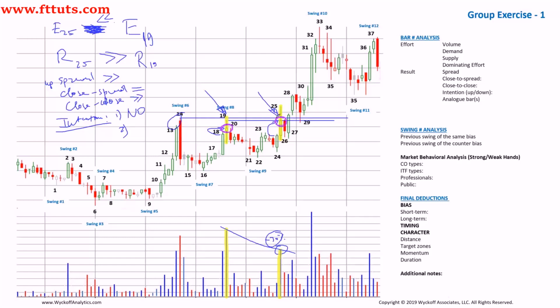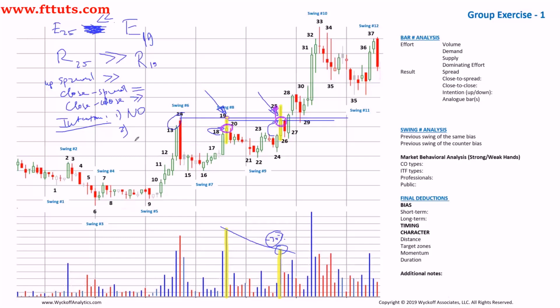Also, what can we say about the actual tail? On bar number 19, the tail does not touch the highest resistance. On bar number 25, not only does it touch, it actually overcomes it, and then on the intraday level, tries to commit above and to stay there. And then it fails back into the trading range.